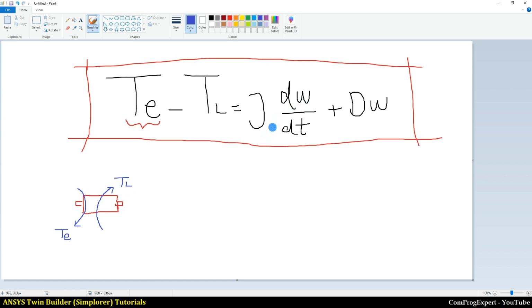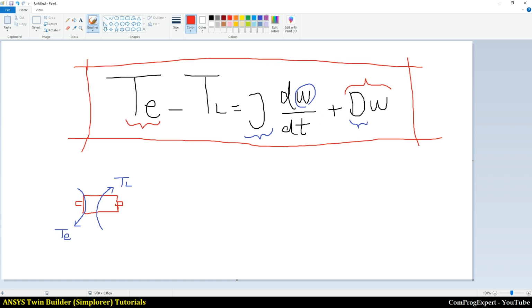This is the moment of inertia of the rotor. This is the angular speed omega. This is the friction loss coefficient, and this term is the friction torque. Okay, so how can we solve this equation?